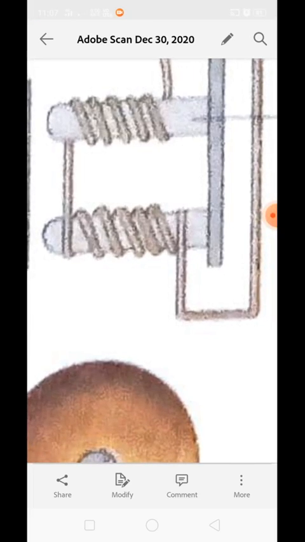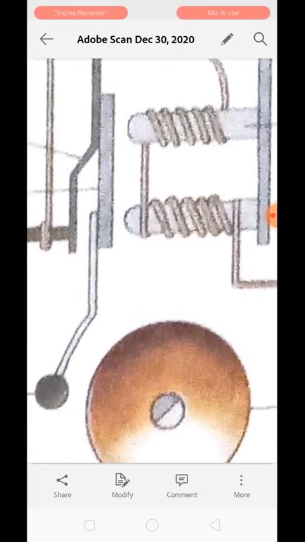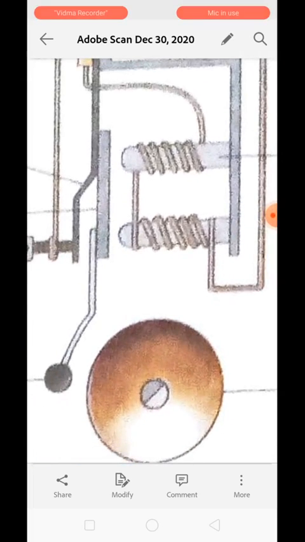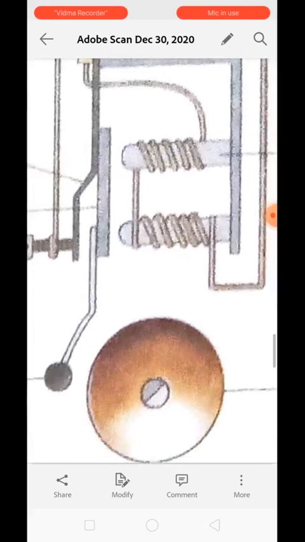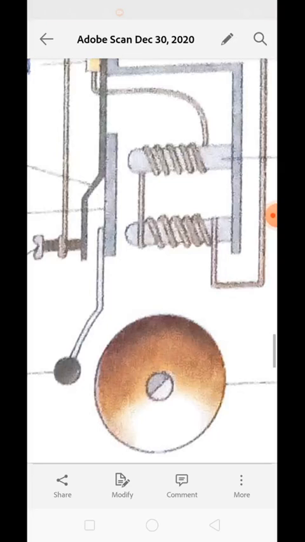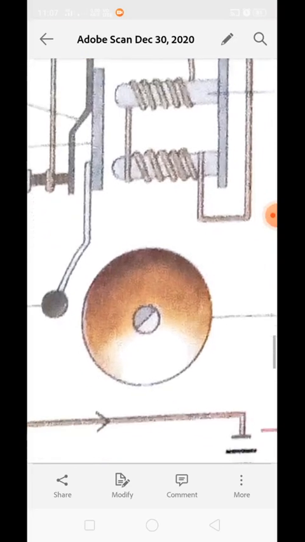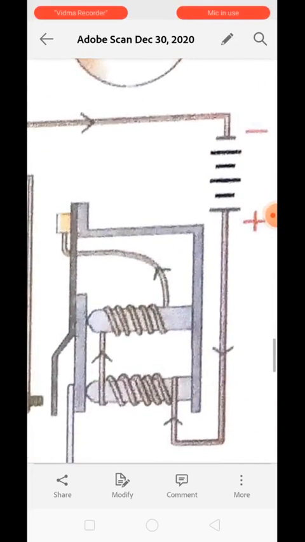Now just think, what is the material in front of it made up of? It is made up of iron. Iron is a magnetic substance. So whenever this U-shaped electromagnet gets magnetized, it will obviously attract the armature. And once the armature is attracted, what will happen?